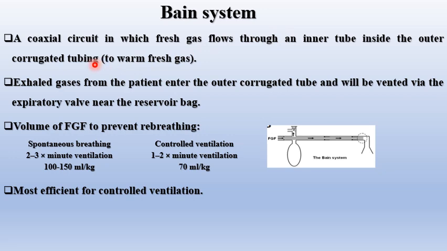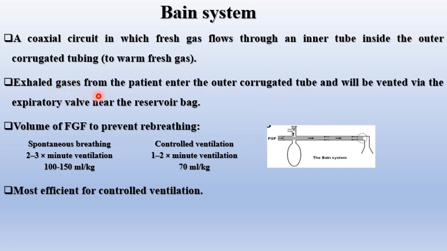Bain system is a coaxial circuit in which fresh gas flows through an inner tube, like here, which is inside the outer corrugated tubing. The aim is to warm the fresh gas going to the patient by the expired gas flowing in the outer tube.